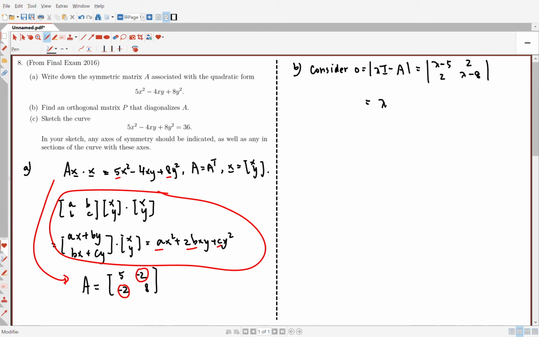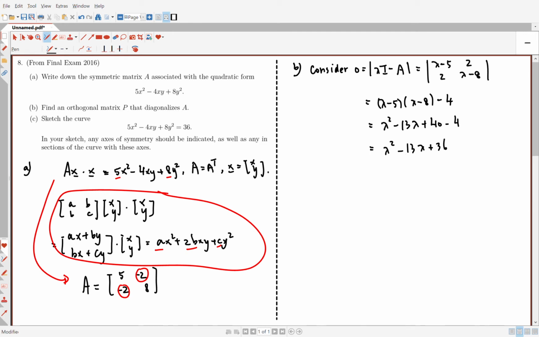So I will get lambda minus 5 times lambda minus 8, multiply it out correctly, minus 4, and expanding this, I will get lambda squared minus 13 lambda plus 40 minus 4, so lambda squared minus 13 lambda plus 36, and we factorize this.